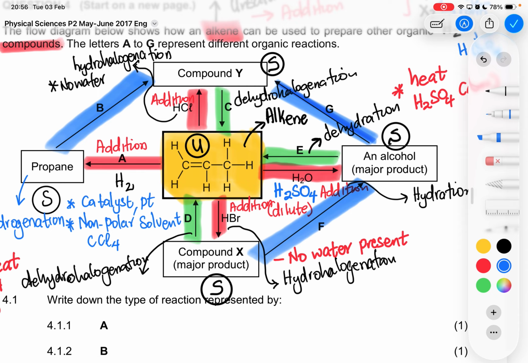So what type of reactions are these ones? When a compound is saturated and changes to a saturated compound, or produces a saturated compound, what type of reactions are these ones? All three are of the same type of reaction.